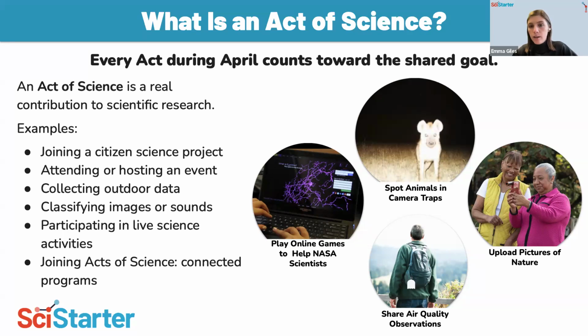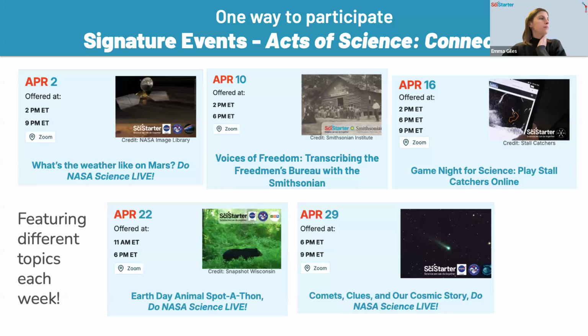If you have library kits available, you can sign those out to folks. Those numbers for lending them out through the library program all count for acts of science, by the way. So I'd love to have those reports put into our Citizen Science Month reporting tool as well. If you have questions about how we're reporting all this, I will talk about that today because I think that's pretty important.